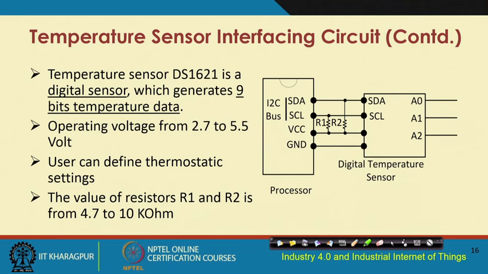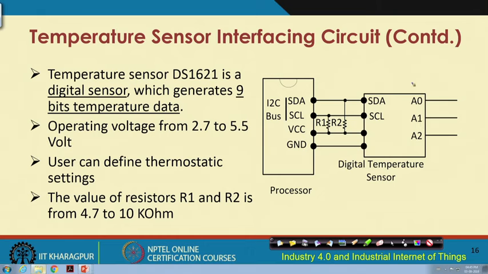The functioning of a digital temperature sensor is a bit different from the way analog sensors work. This is an example of a digital temperature sensor. The model is DS1621, and this particular sensor will generate 9 bits of temperature data.